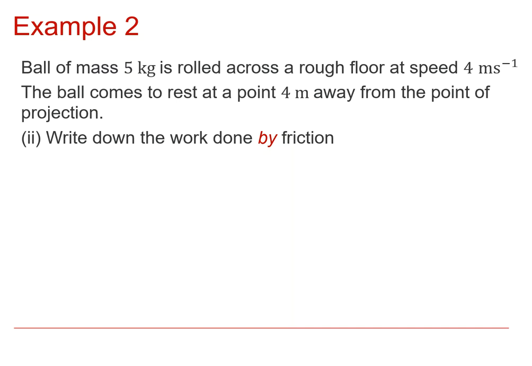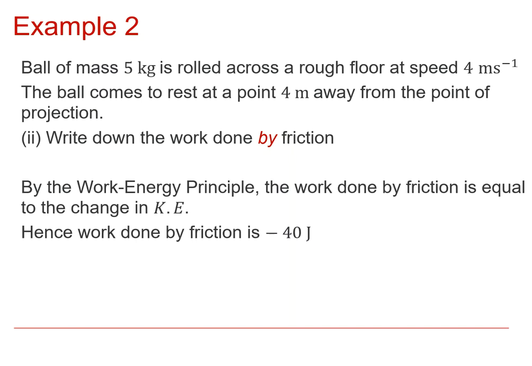If we think about it strictly as work being done on the object, because it's a negative number, that means it's a negative amount of work. So we've got minus 40 joules, and that's done by the friction, because that's the only force acting horizontally on the object in this situation.